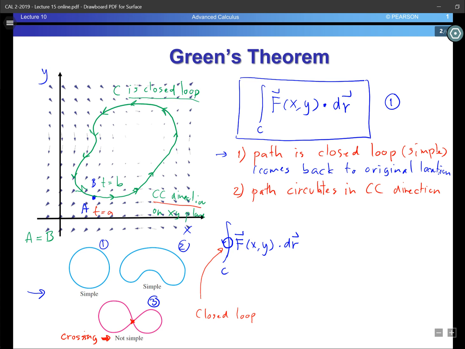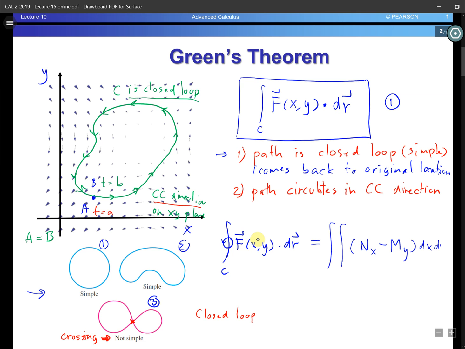So with this line integral that is closed loop and counterclockwise direction, it's going to be equal to something different. And here is the formula. It's going to be the double integral, something we have done before, of the partial of n with respect to x minus the partial of m with respect to y, dx dy. You might ask, what is n, what is m? That is the component for the vector field. So let's put it here.